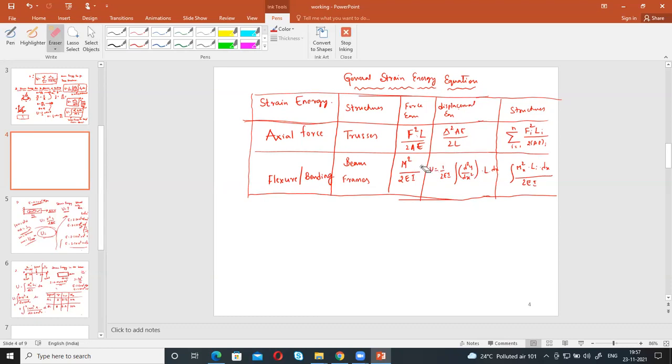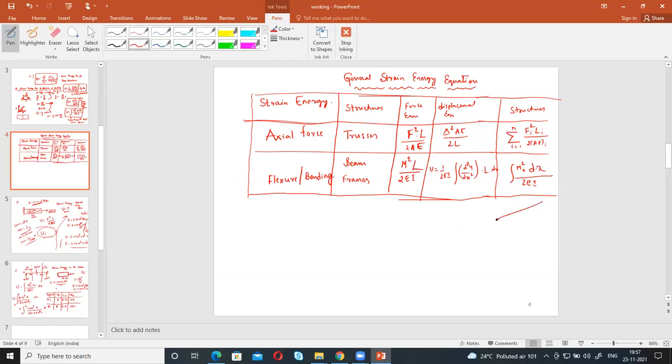This is L, right, no problem. Here, L will not come. Here M square into dx directly. Please make a correction in your note, because if you make a mistake here, definitely you will make a mistake in all parts.